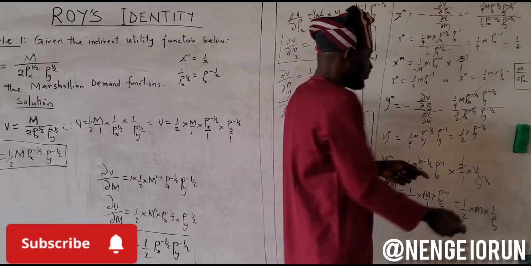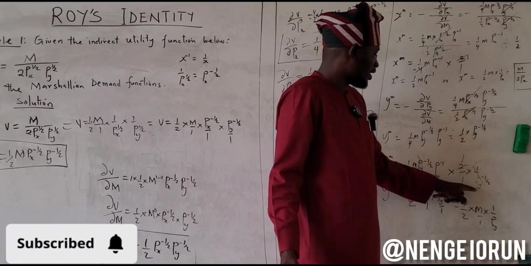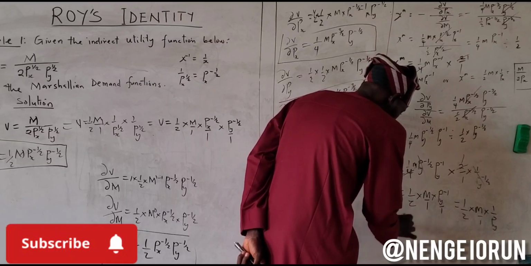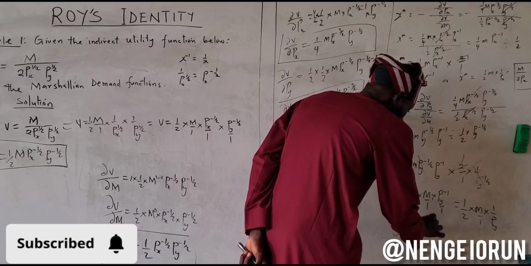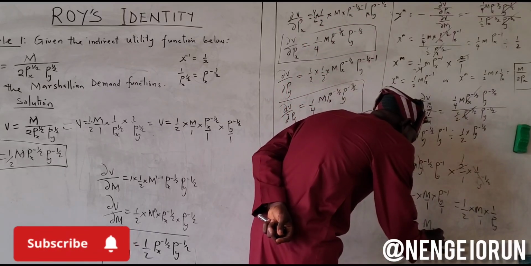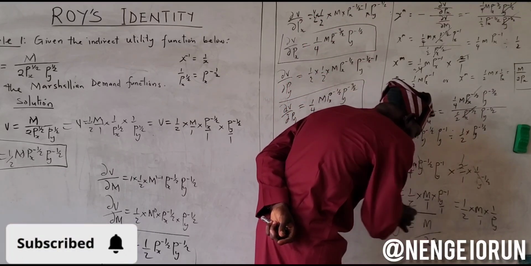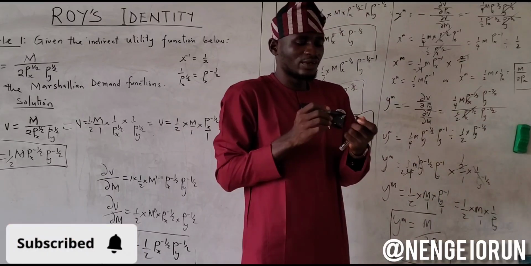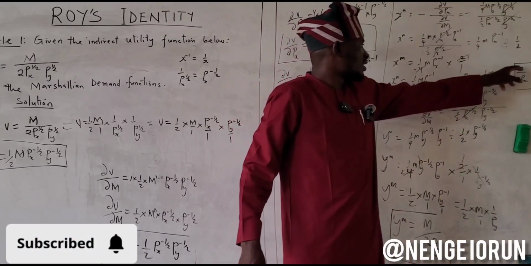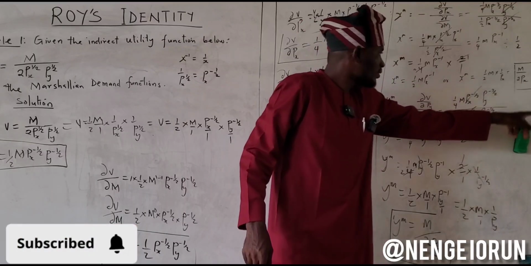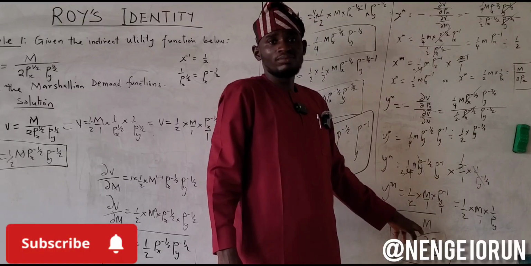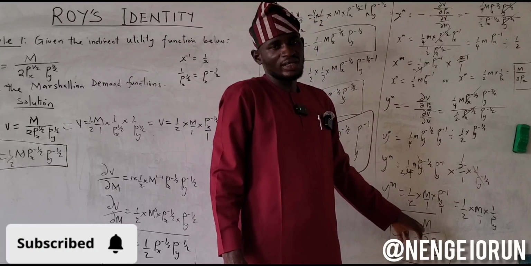Now if we multiply the numerator, 1 times m times 1 will give us m. Then 2 times py will give us 2py. So if you look at it very well, you discover that the Marshallian demand function for X is m over 2px. The Marshallian demand function for Y is m over 2py.